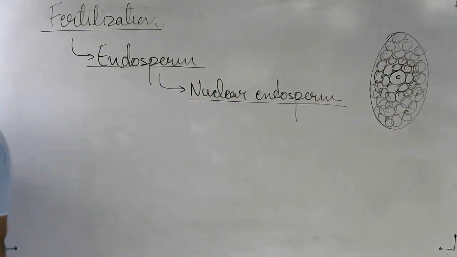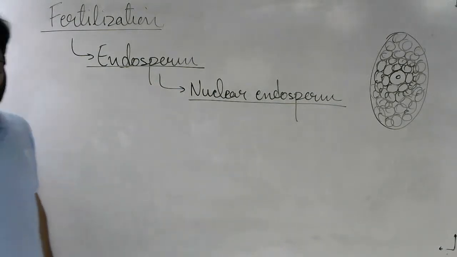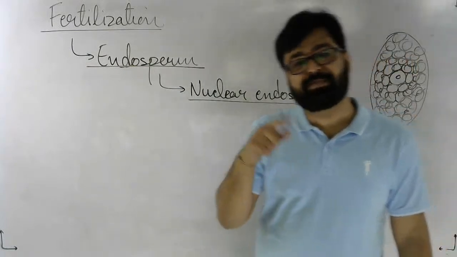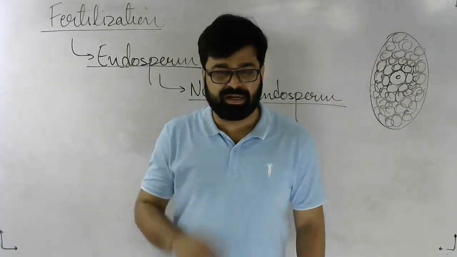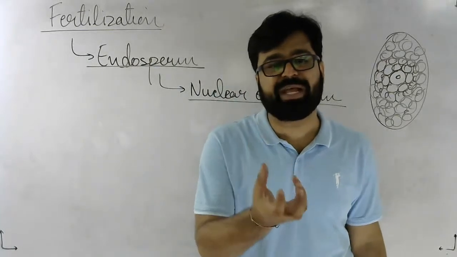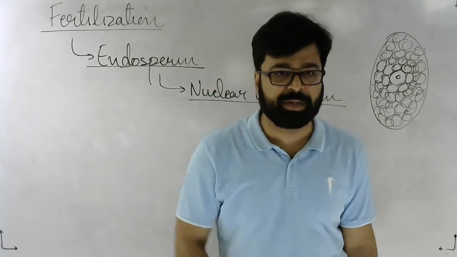Okay. Here we will discuss the example of coconut also. All right. What happened in coconut? Coconut is having multicellular as well as free nuclear endosperm. So the peripheral part is known as multicellular endosperm, whereas the central liquid part is free nuclear endosperm.